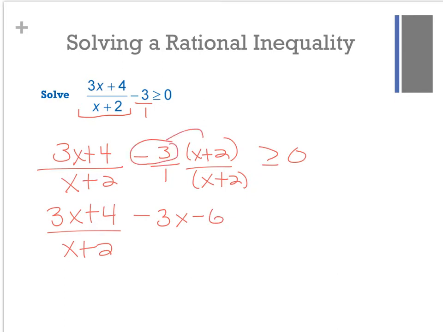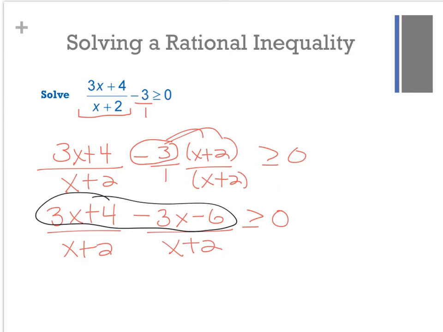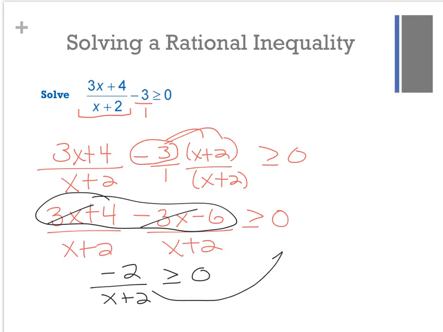Technically, this is a negative 3, and when I distribute, I get negative 3x minus 6 all over x plus 2, greater than or equal to 0. And since I have a common denominator here, I can combine my numerators. The 3x's are going to cancel, and 4 minus 6 gives me negative 2 over x plus 2, greater than or equal to 0.